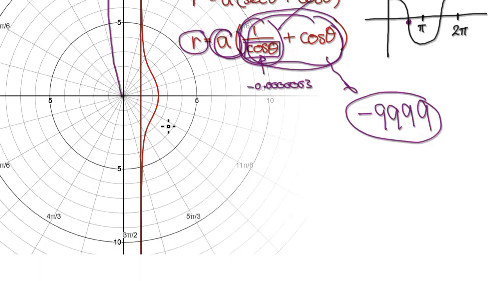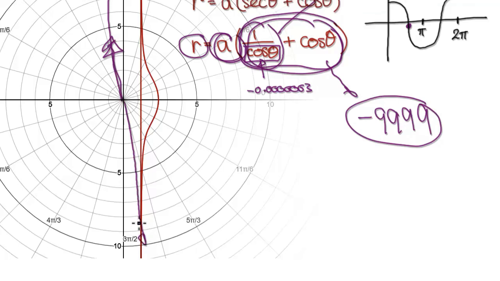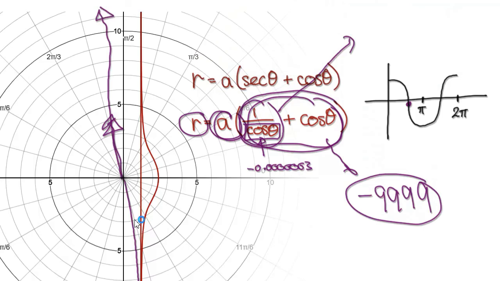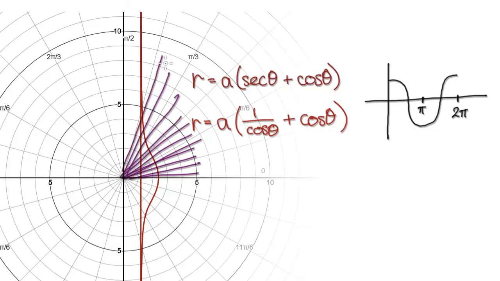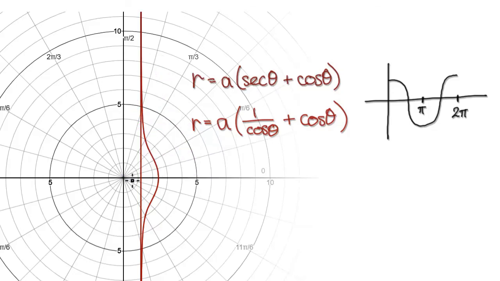So when the angle is pointing in this direction, your radius would be negative, meaning it's in the opposite direction and it's very, very big. Let me elaborate on this. The angle is moving along like this, scanning in polar form. When it gets to near 90 degrees, the radius will be really, really big, so it points all the way up there, which makes sense.